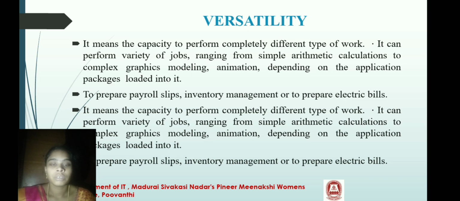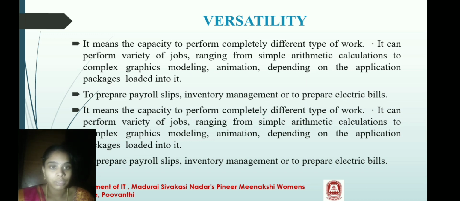These packages are loaded by a human, but the overall operations and processing are handled by the computer, which is why it is called versatility.